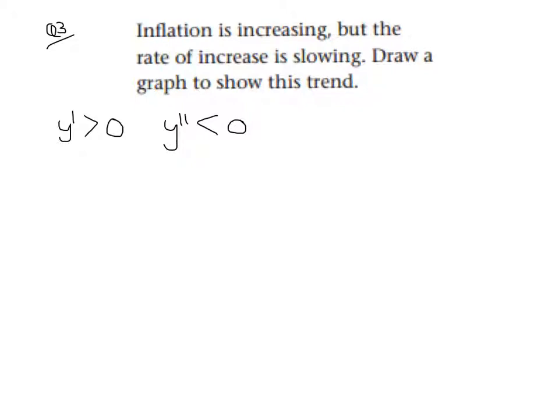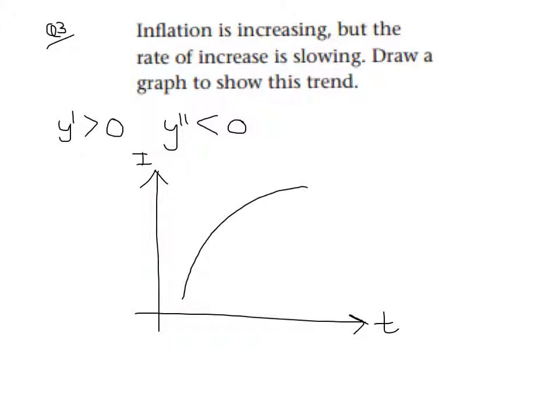So we draw a graph, and it's over time. We're talking about I, inflation, and we just put these two things together. So it's an increasing curve, but it's concave down. So something like that. Okay? And then just check it is true. It is increasing, and it is a concave down curve.